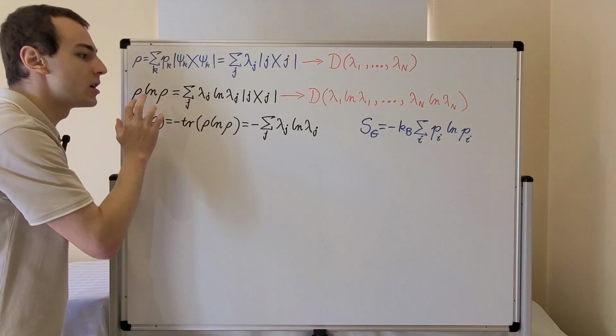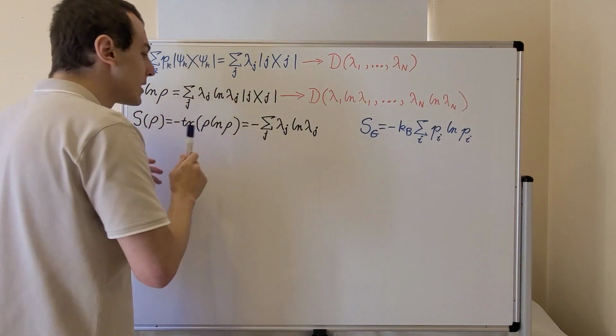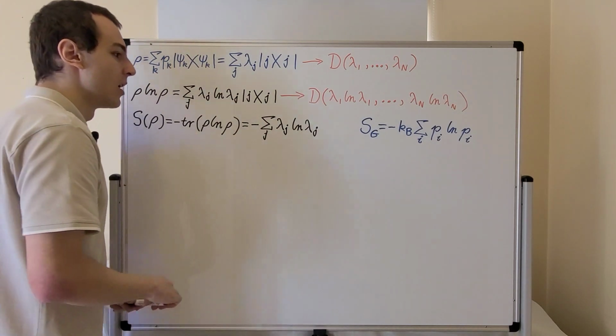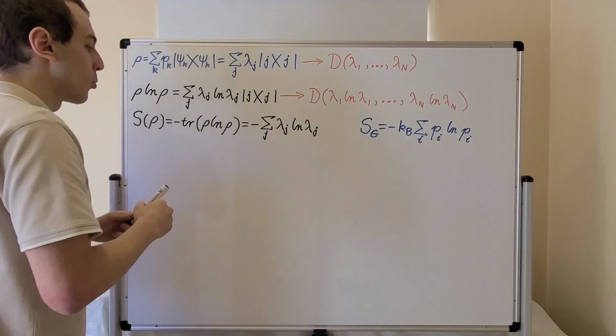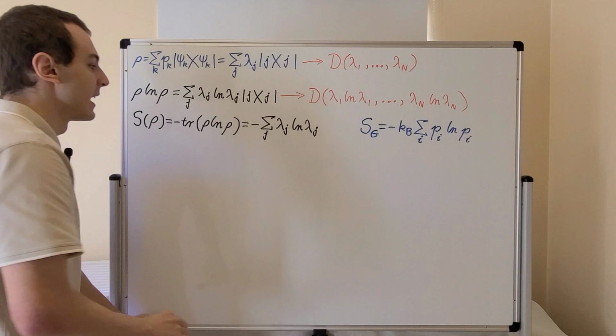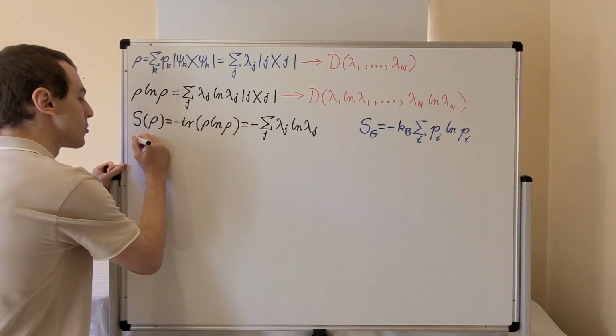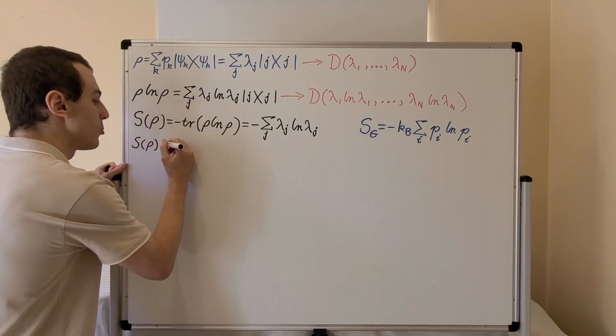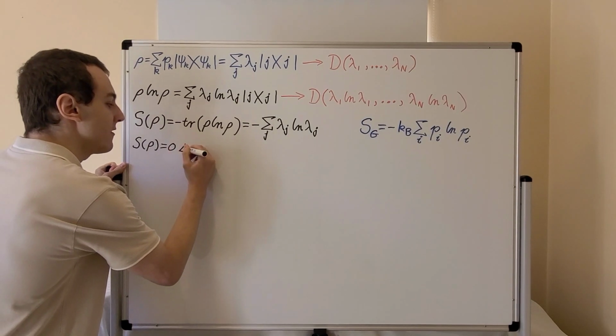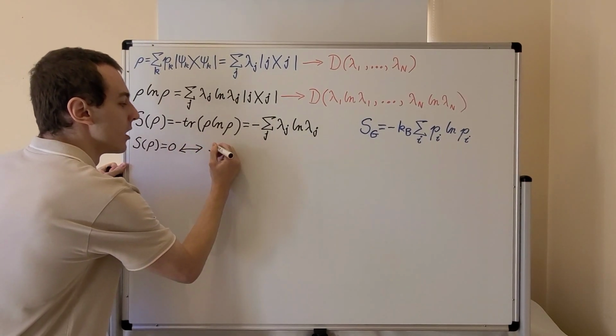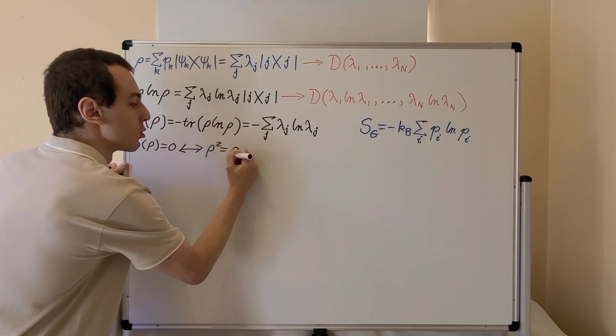So here we have von Neumann entropy. Now let's have a look at some properties of von Neumann entropy. One very interesting property is that the von Neumann entropy is equal to 0 if and only if rho squared is equal to rho.